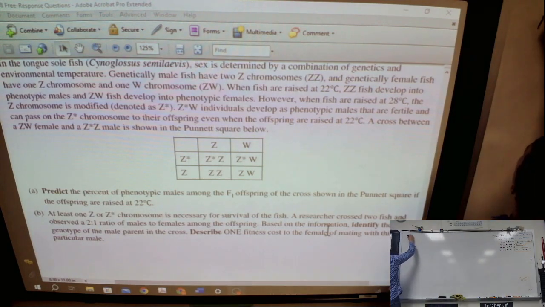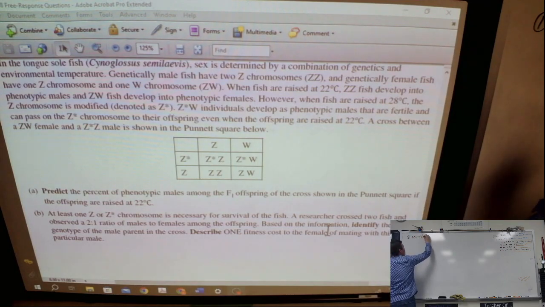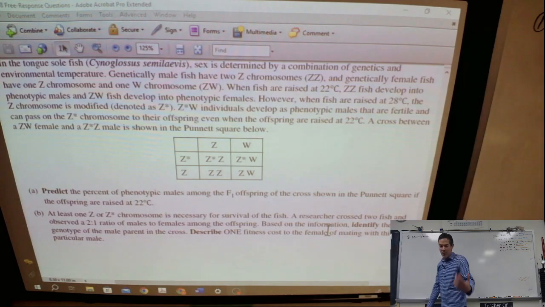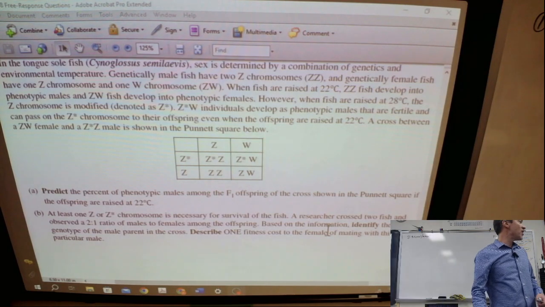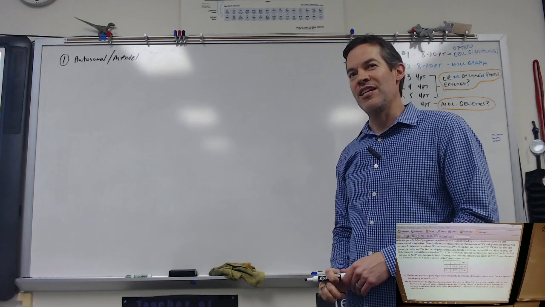Number 1 was autosomal inheritance. We often just call that Mendelian inheritance, like capital B is dominant and I have brown eyes, and lowercase b is recessive and I have blue eyes. We had 8 others.